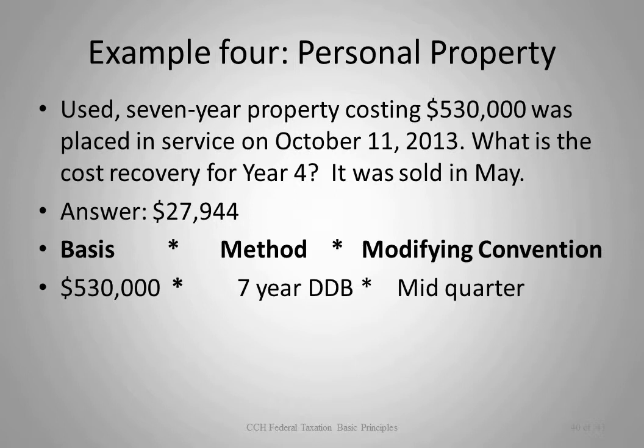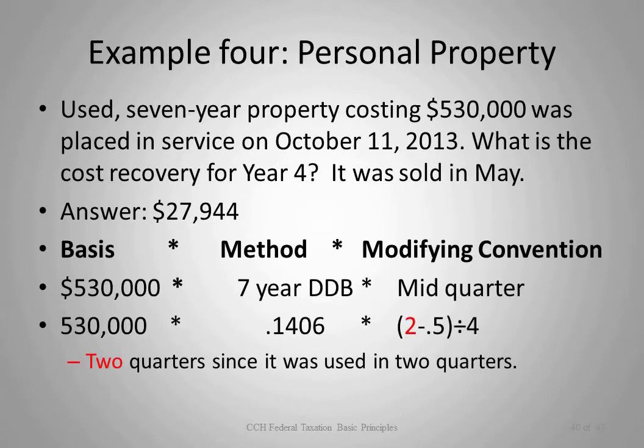All right, so 7th year, double declining mid-quarter. The table was 1406. The quarters were 2 because May is in the 2nd quarter. Doesn't matter whether it's the first day of the 2nd quarter or the 90th day of the 2nd quarter. You write down the number 2, and then you take away a half of the quarter, and then you divide by 4. All right, so it's 2 because it was used in 2 quarters during the year.